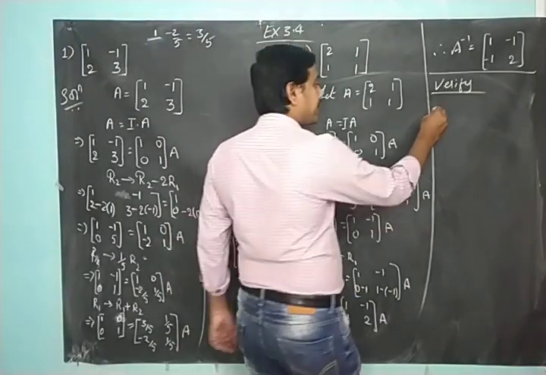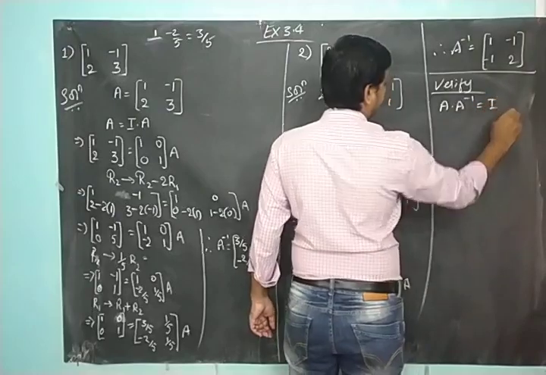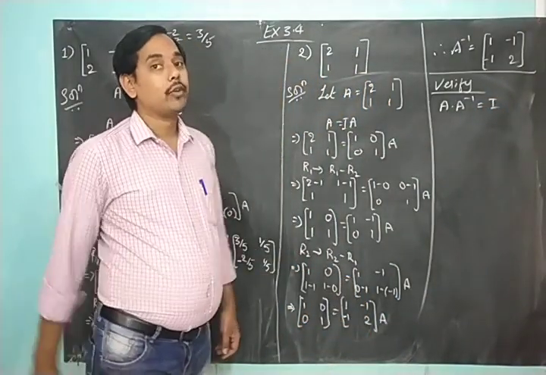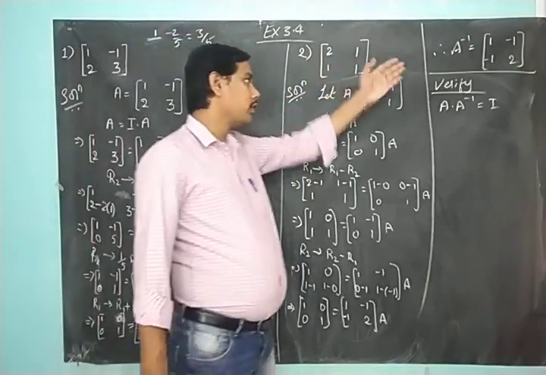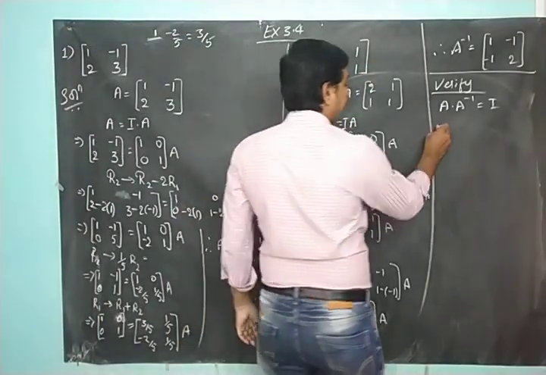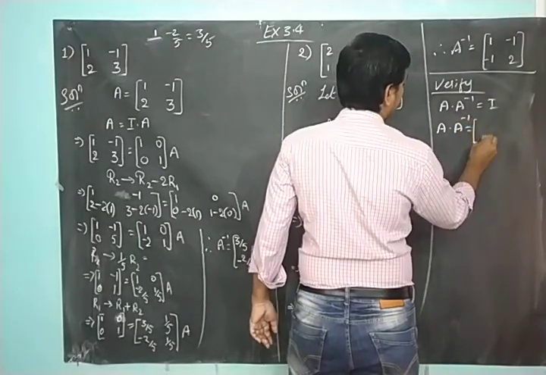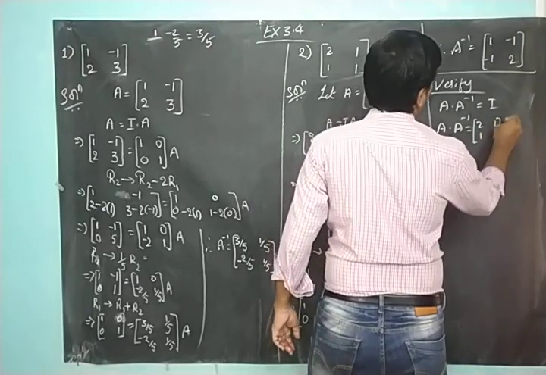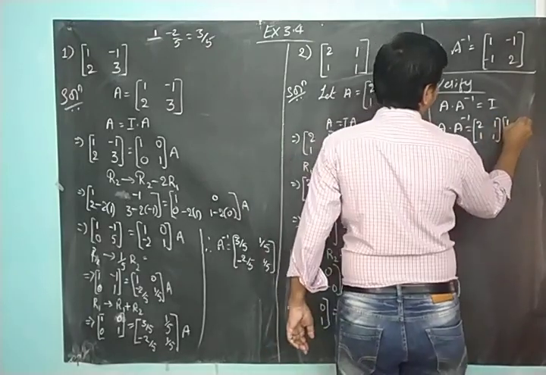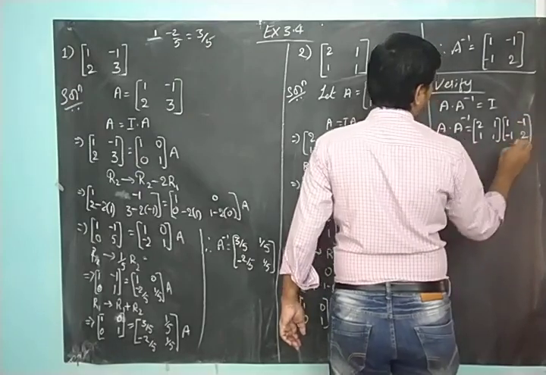We know the standard result: A into A inverse should be equal to I. We have A here, we got A inverse. So A into A inverse, if I do, what will be the value? A is 2, 1, 1, 1. A inverse is 1, minus 1, minus 1, 2.